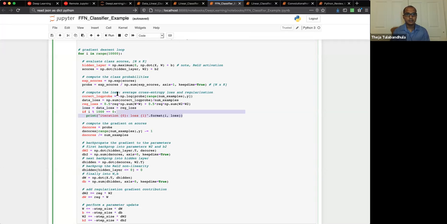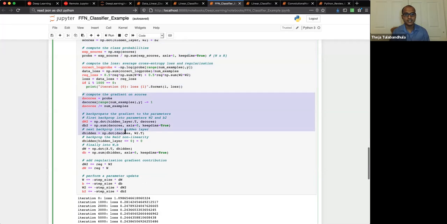And so up to this point is just a forward pass, the computation of loss. Now, from here onwards is a part of your assignment, so I'll not describe it. But from this line to this line, essentially you're computing the gradient of the loss with respect to all the parameters, W, W2, B1, and B2.